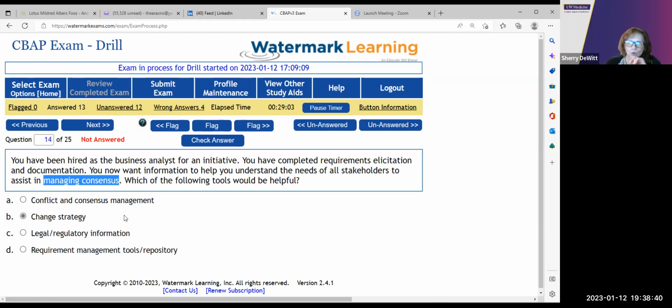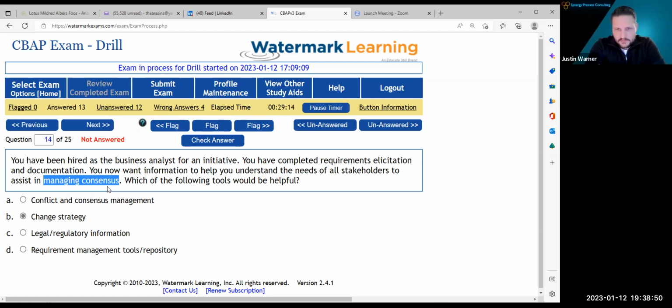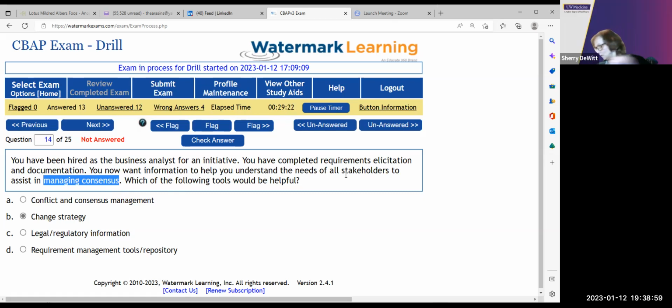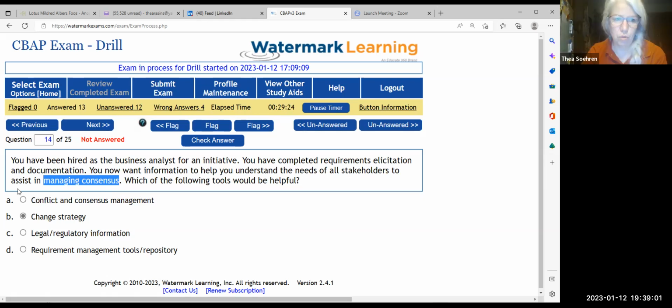But to help you understand, I say D. You don't need a repository to understand the needs. The repository would help to organize, store and retrieve the documents at a later time. But you want to understand the needs of all stakeholders to assist in managing consensus.